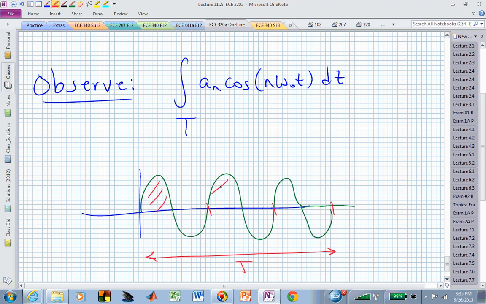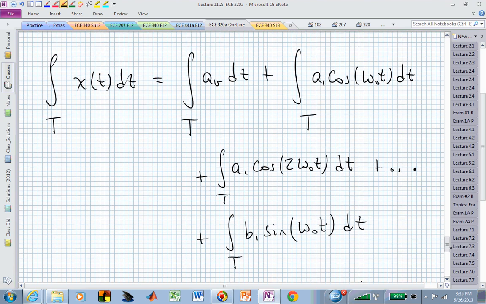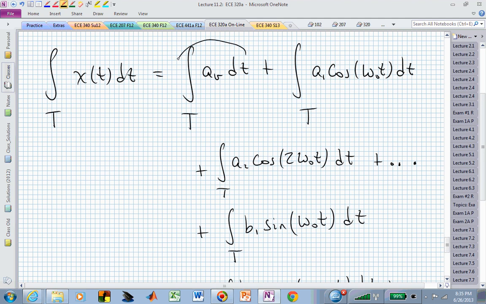Now we have this positive area, and if I had sketched this properly, you would see, hopefully, that the positive areas cancel the negative areas for all of these terms other than this very first term and this left-hand side.